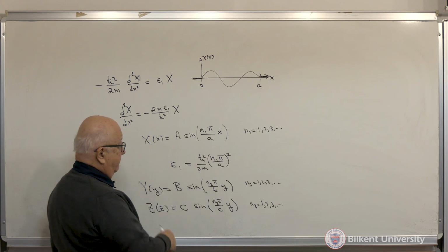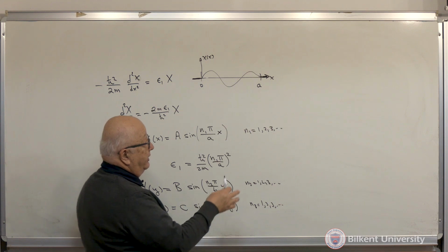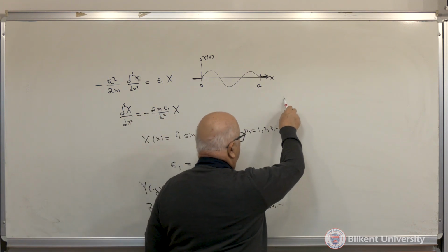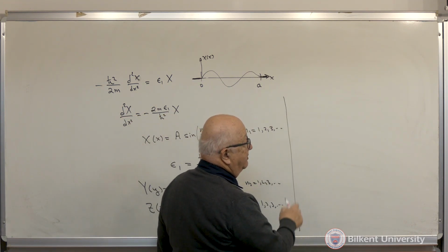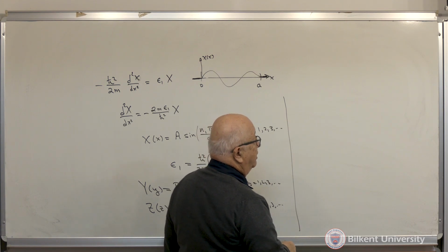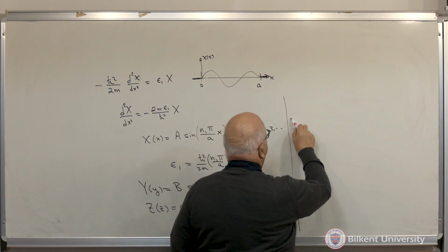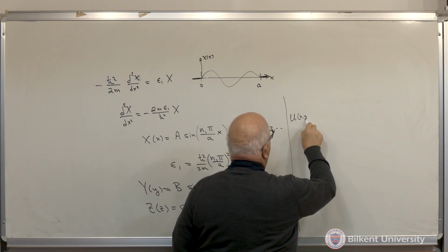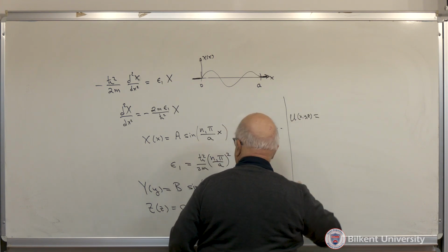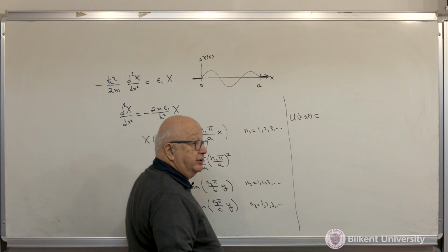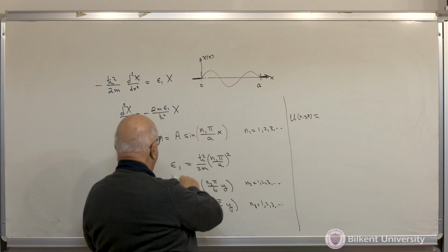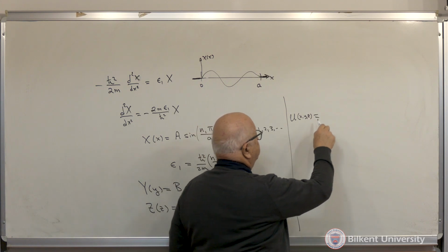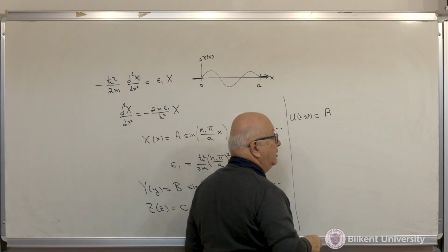So I have something like this. So now I can write my full time-independent wave function, which is going to be a function of x, y, and z, is going to be just the product of these things. Okay, since I have these arbitrary constants, let me just combine them into just one.